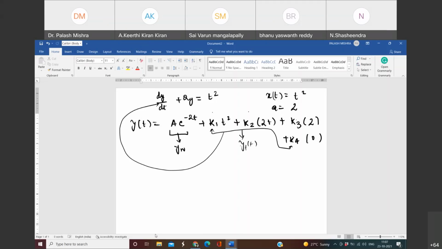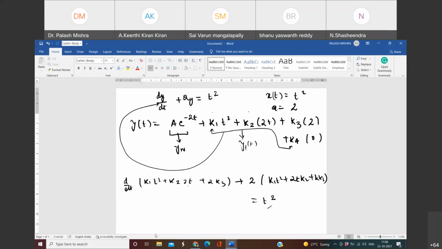You will get d/dt of k1 times t square plus k2 times 2t plus 2 times k3, plus 2 times y, that is again k1 times t square plus 2t times k2 plus 2 times k3, equals t square. Now you just have to equate the coefficients of t square and t on both sides, and then you will get the answer.